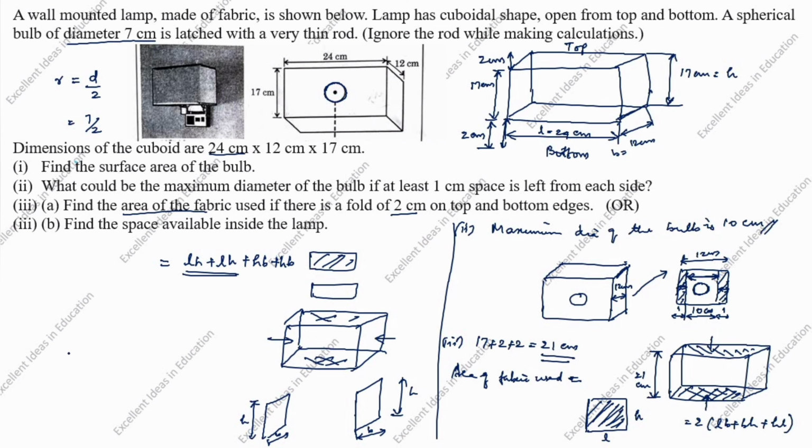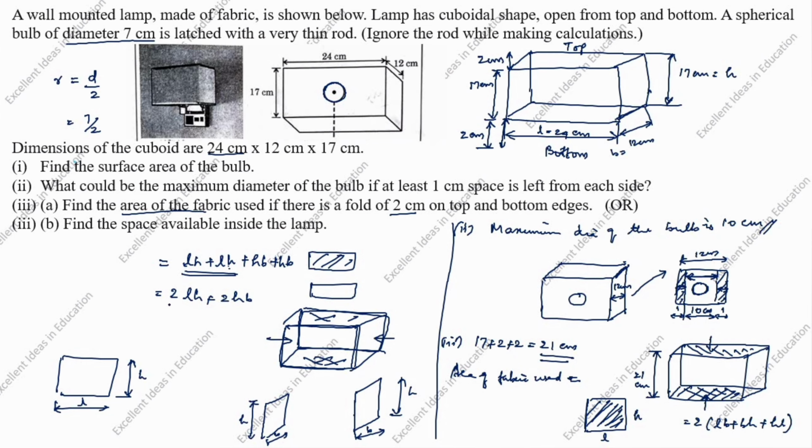This portion now only wrote LH plus LH. I will draw the drawing here. You see this front portion. The same, the back side also is there. So this is L, this is H. You see LH, LH, how we will write? 2LH plus HB is 2HB.